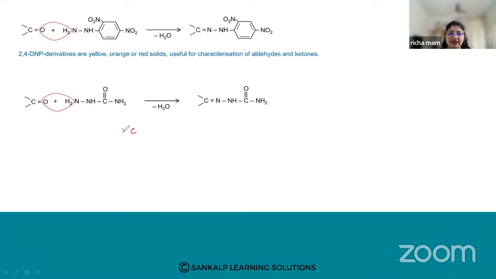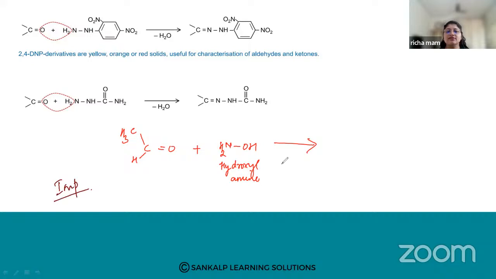Suppose I have acetaldehyde, and I am going to react it with hydroxylamine. What product are you going to get when you react acetaldehyde with hydroxylamine?